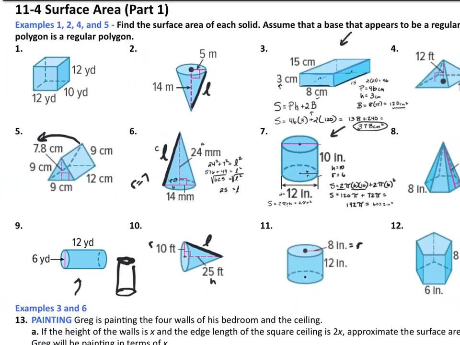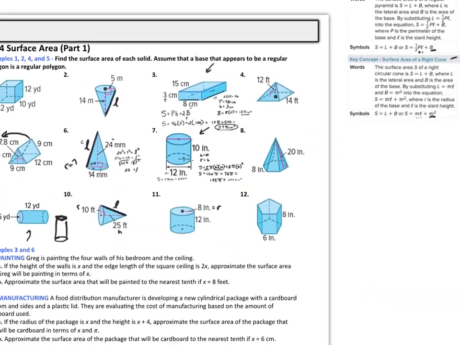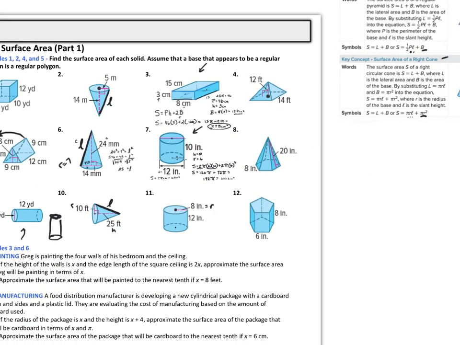And using that slant height, as we come over here with our formula, here is our formula, right? The surface area is going to be equal to pi times r, which we said was 7, times the slant height of 25, plus pi times r squared, which was 7 squared.